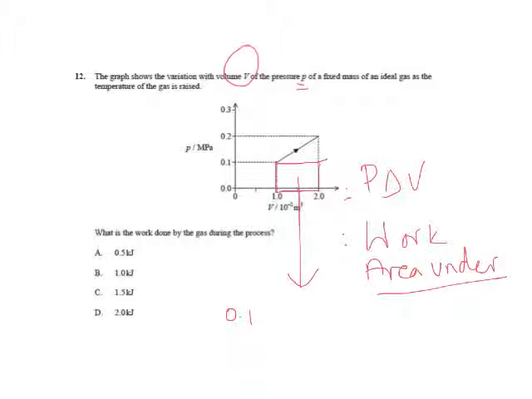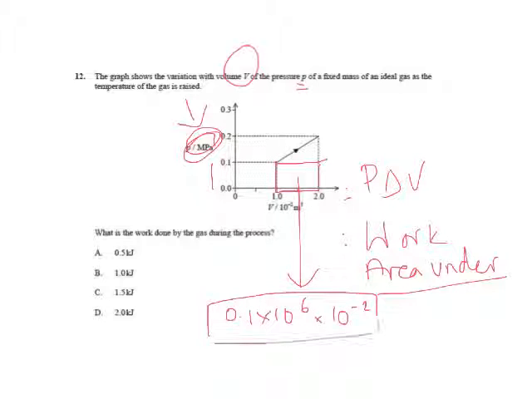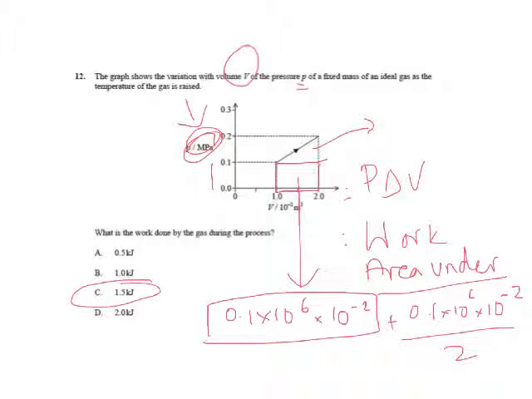One square, which would give us 0.1 times 10 to the 6. Careful with the axes and the prefixes. So we have 10 to the 6 times 10 to the minus 2, plus this area here, which would be the same as before, but divided by 2. And that would give us an answer of C, 1.5 kilojoules.